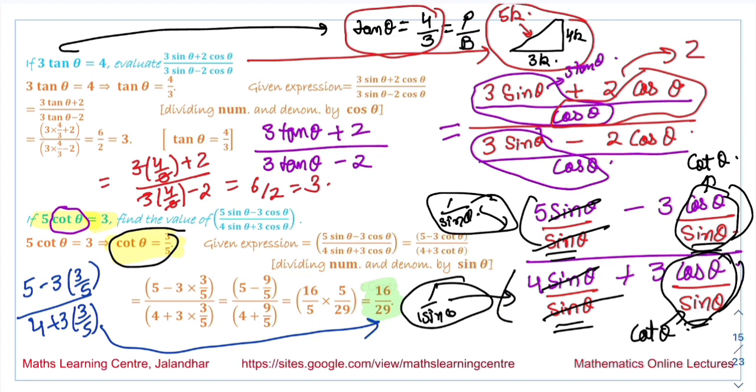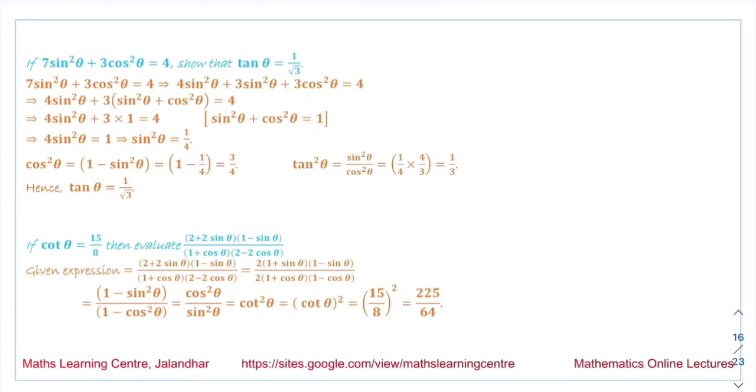Now the next question we have is that if 7 sine square theta plus 3 cos square theta is equal to 4, we have to show that tan theta is equal to 1 by square root 3. Now the identity we know is that sine square theta plus cos square theta is equal to 1.